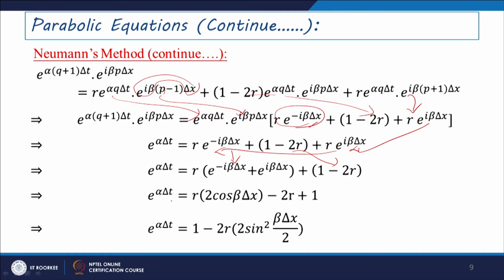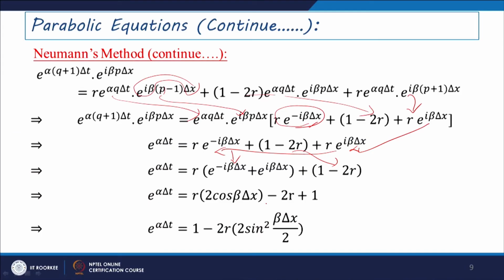So, then e to the power alpha del t can be written as r, since we know that cos x can be written as e to the power minus i x plus e to the power i x by 2. So, that is why it can be written in the form of r into 2 cos beta delta x, minus 2r plus 1 here. And finally, we obtain e to the power alpha del t equals 1 minus 2r, since we are obtaining here 2r cos beta delta x minus 2r here.